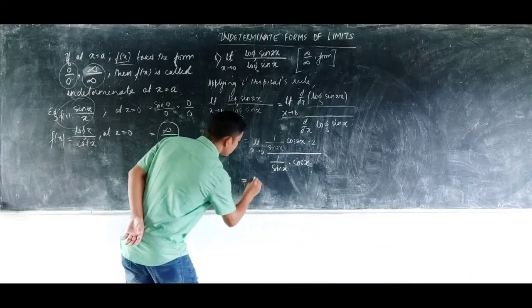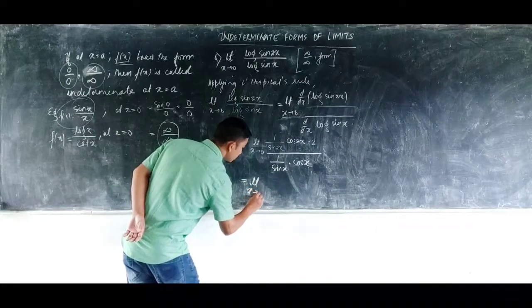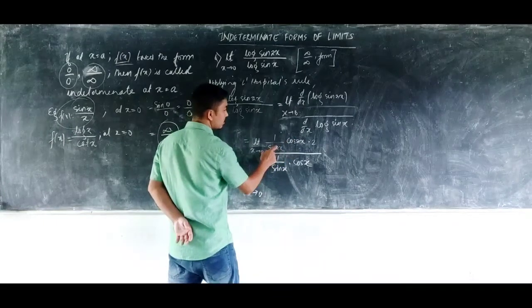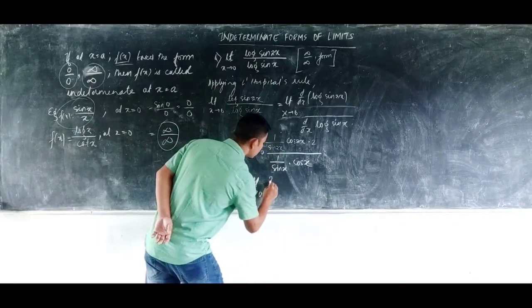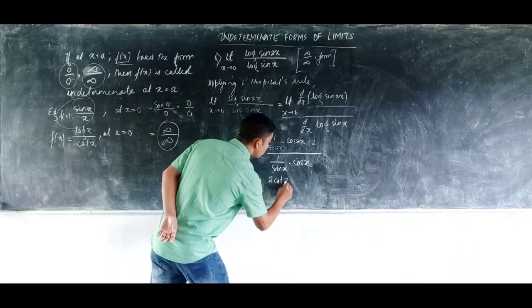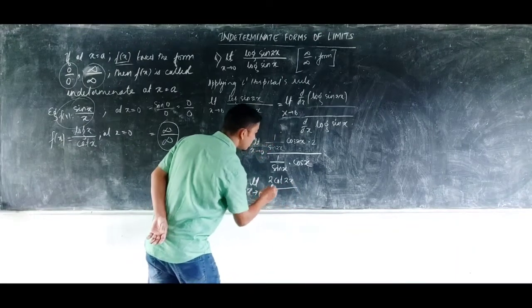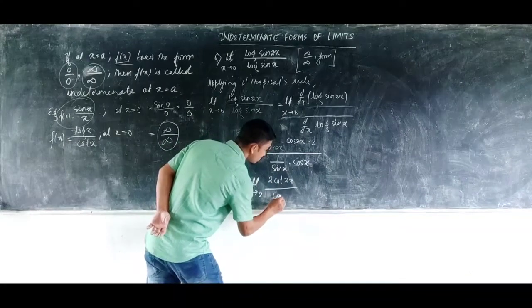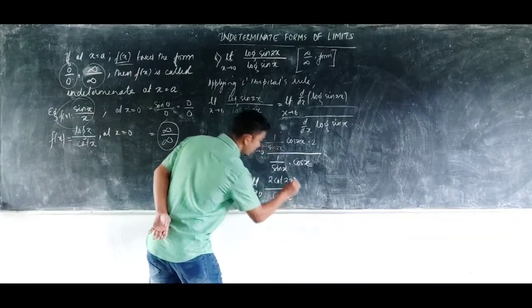So, this will give me the limit of x tending to 0. So, cos by sin theta will give me cot. So, it will give me 2 cot of 2x divided by cos divided by sin, which will be cot of x.